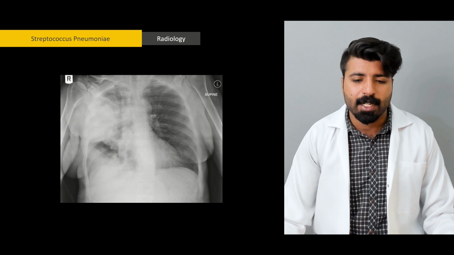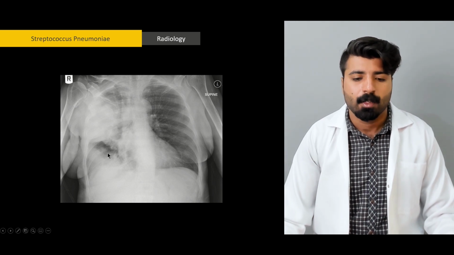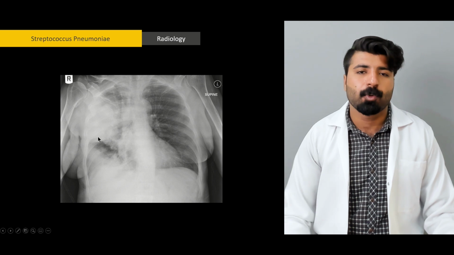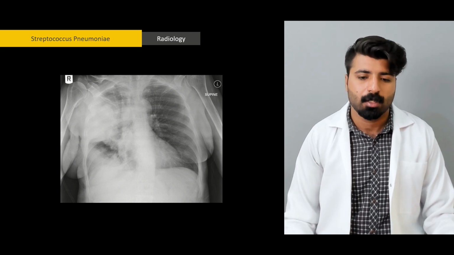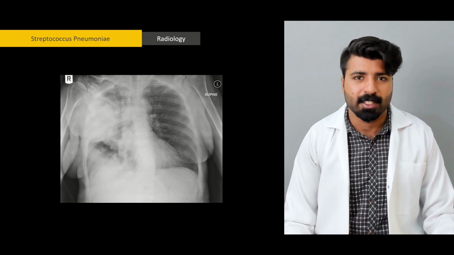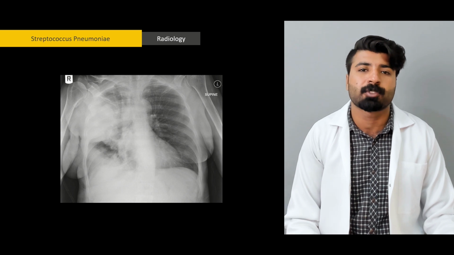On a radiological slide, you can see streptococcus pneumonia in the apical area, and it contains almost a whole lobe. But with streptococcus pneumonia, there's an increased chance of abscess formation. So you have to look for an abscess inside the chest X-ray of a patient who's suffering from streptococcus pneumonia.